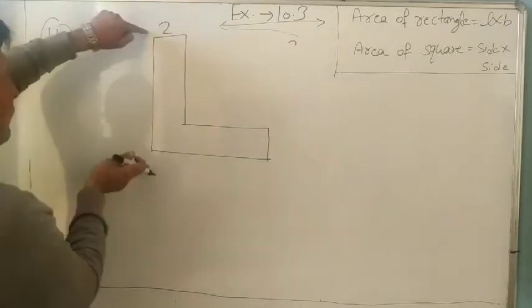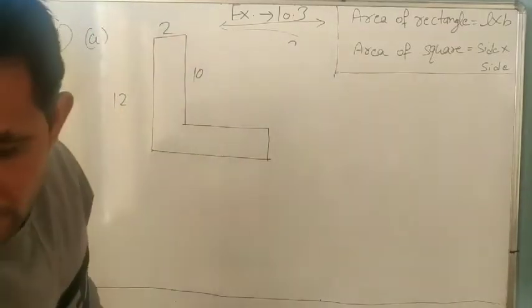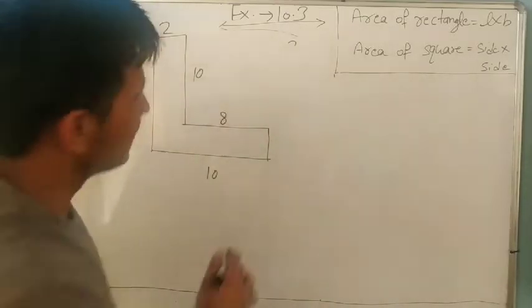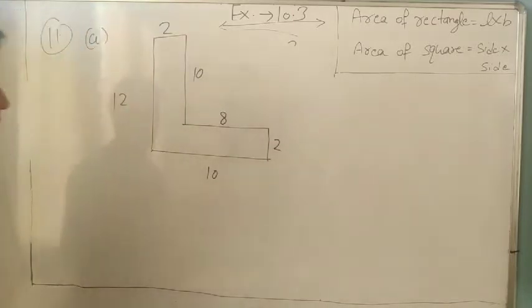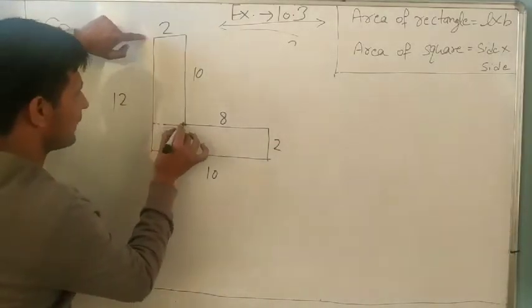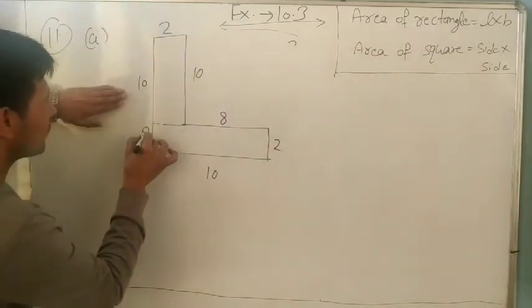Total from here to here is 12, and from here to here is 10. And it is 8. It is 10. It is 2. Very simple. Total is 12. So if we join like this, from here to here is 10, so it becomes 2.